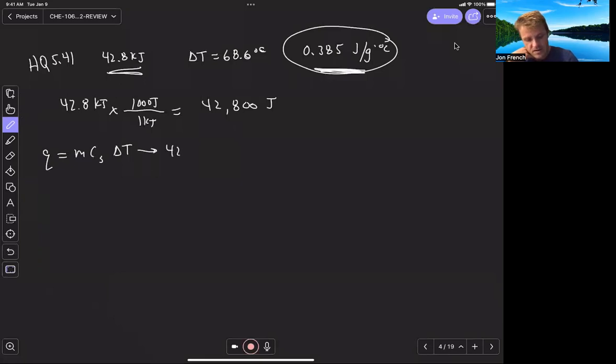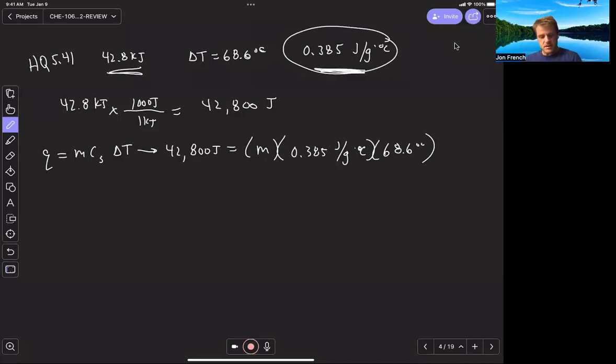So my Q, 42,800 joules. My mass is my unknown component, and my specific heat 0.385 joules per gram degrees Celsius, and my delta T 68.6 degrees Celsius.